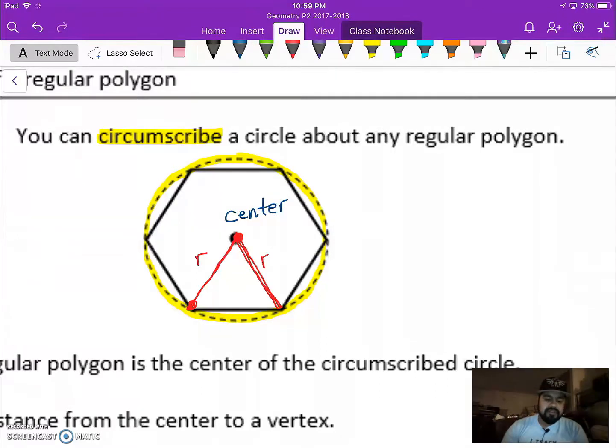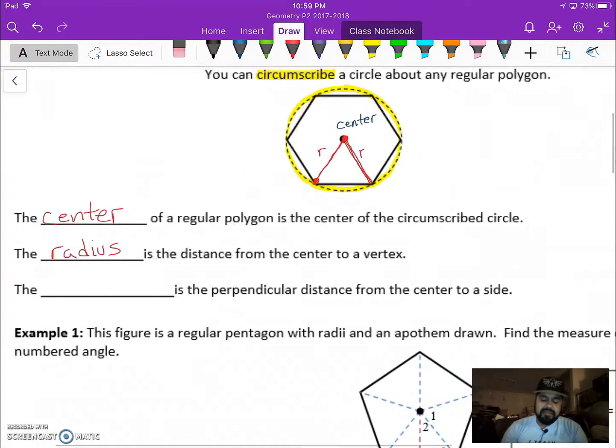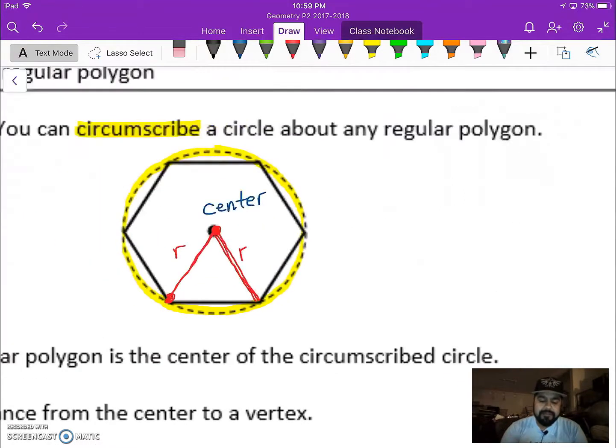Now you're going to learn a new word here. The blank is the perpendicular distance from the center to a side. So what we're talking about is this line here from the center to the middle of one of your sides. This line right here, we call the apothem.